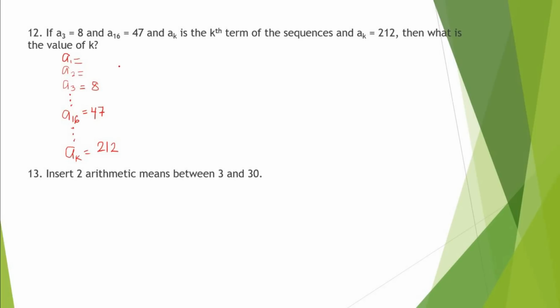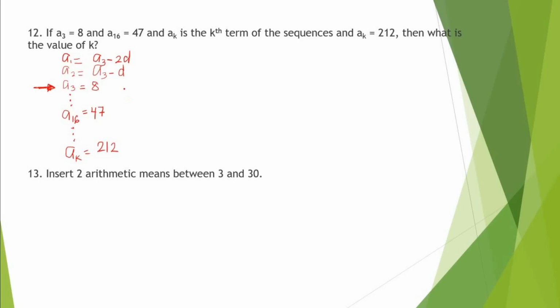Now, if this is an arithmetic sequence, then our A2 must be equal to A3 minus the common difference, since this is our reference number. Then our A1 is simply equal to A3 minus 2D.